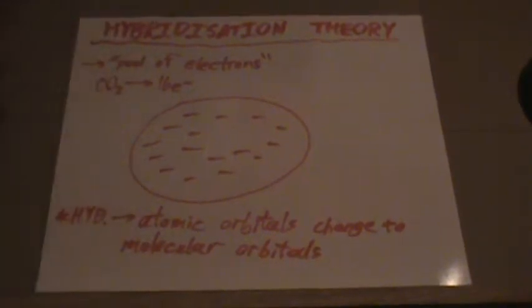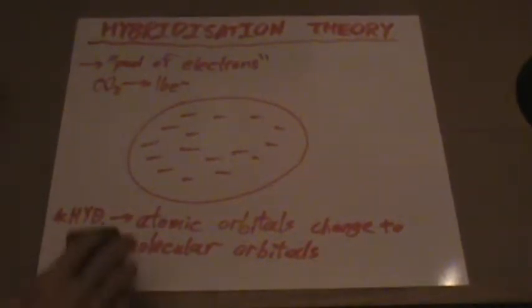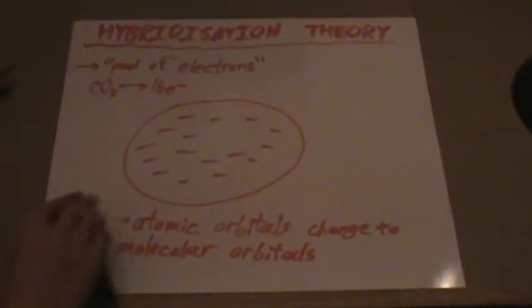Before we go into this exact process, the first thing that I wanted to do, besides showing you that this idea of the pool of electrons is wrong, is to show some of the proof as to why, from the time of discovering the hybridization theory, the scientists prior to that knew, or at least had questioned, the idea that the VSEPR or Lewis theory of molecular structures was wrong.